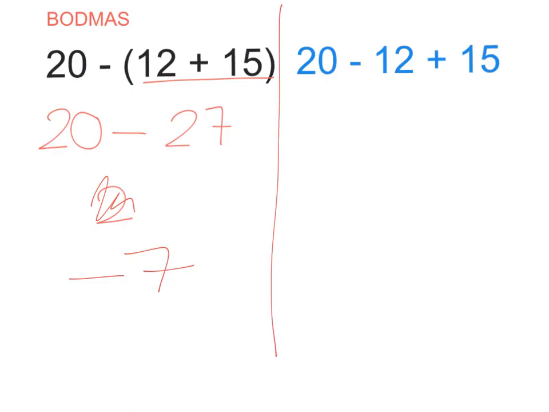Whereas in the previous one, you do your 20 take away 12 first, plus your 15, which gives you 23. So just watch out for the difference between them. You would only do this addition first if you had the brackets around it. Without the brackets, you go left to right.